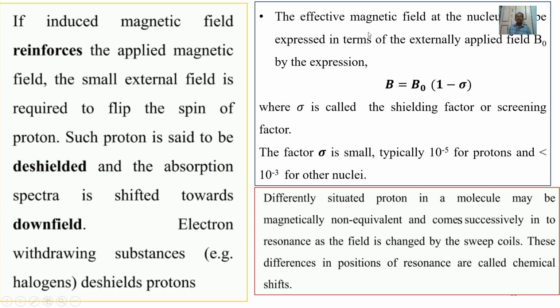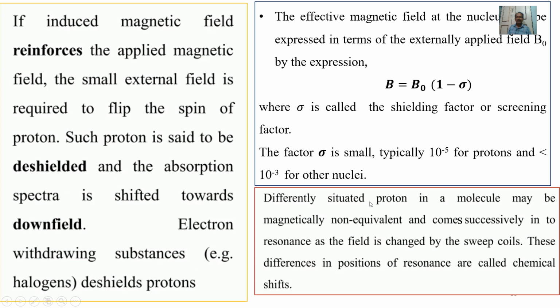The effective magnetic field at the nucleus is expressed in terms of the externally applied field B naught by the expression B equals B naught times 1 minus sigma, where sigma is called the shielding factor or screening factor. The factor sigma is very small, typically 10 to the power minus 5 for protons and less than 10 to the power minus 3 for other nuclei.